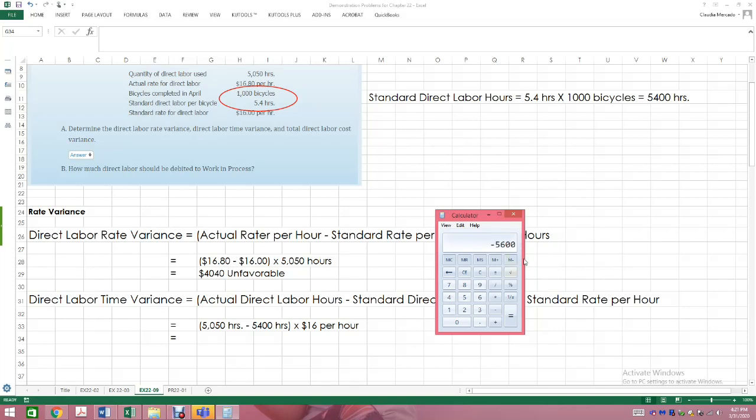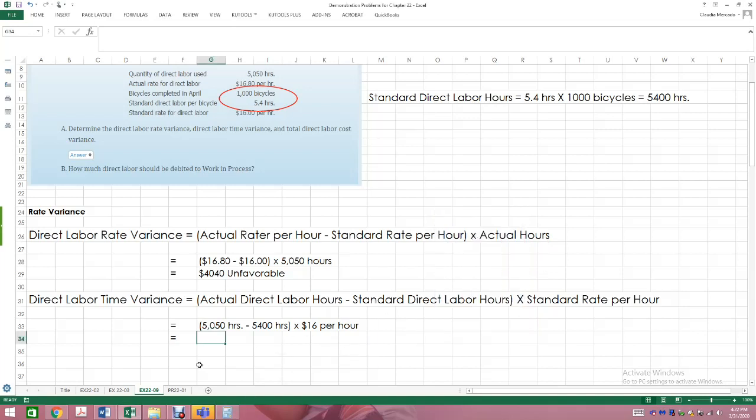You see, it's negative. When it comes out negative, it means that it's a favorable variance. Whenever you see a negative here, it means favorable. So I've got 5,600, and remember, it's negative, so make sure that you put it in parentheses. 5,600, and this is favorable.